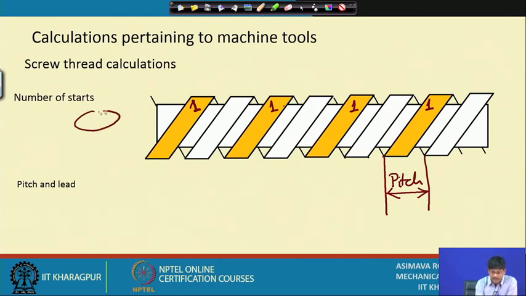How does it show up on the cylinder? If this is the cylinder, it shows up this way. This is one helix climbing up, helix 1.